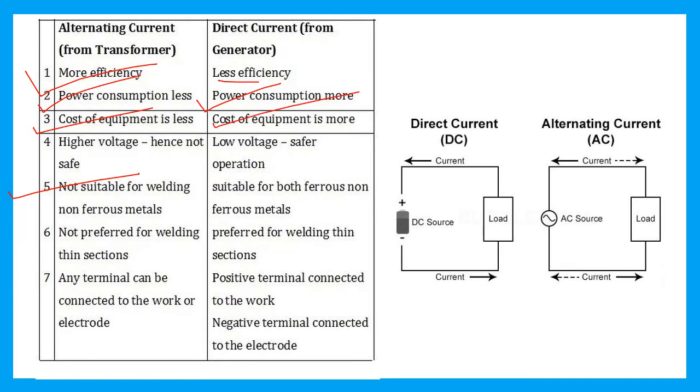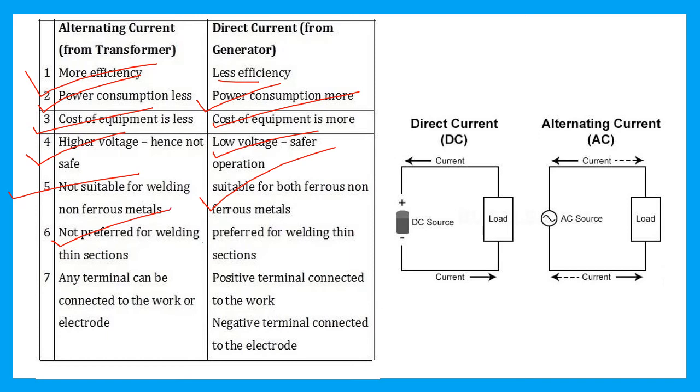AC has high voltage, that is why it is not safe, while DC has safer operation because it has low voltage. AC is not suitable for welding metals, while DC is suitable for welding metals. AC is not preferred for welding, while DC is preferred.